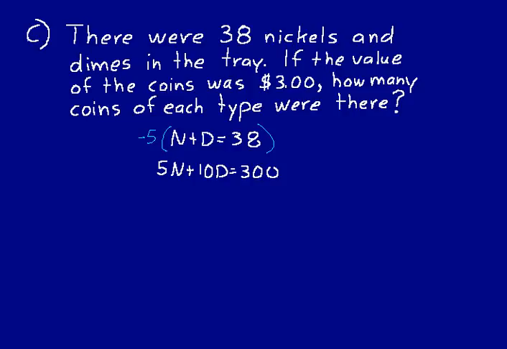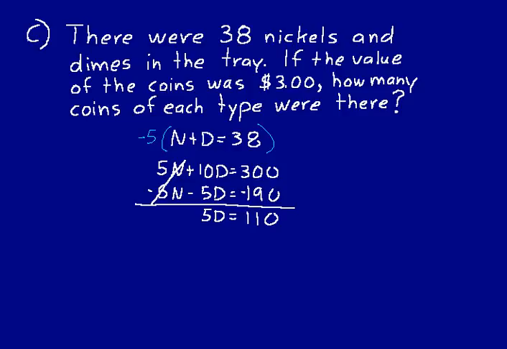And so if I multiply everything in that top equation by -5, I'll just rewrite that equation down here. -5n minus 5d is equal to -190, right? So now the 5n's cancel, and then I have 5d is equal to 110.